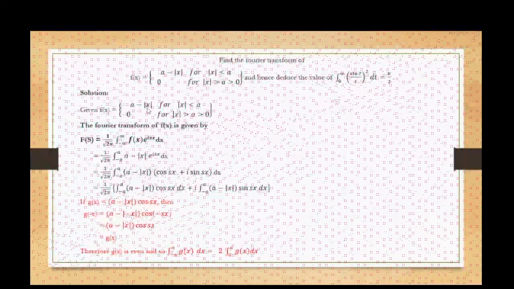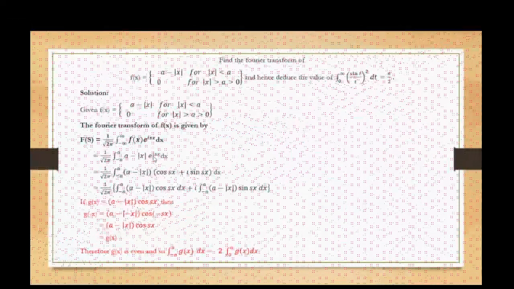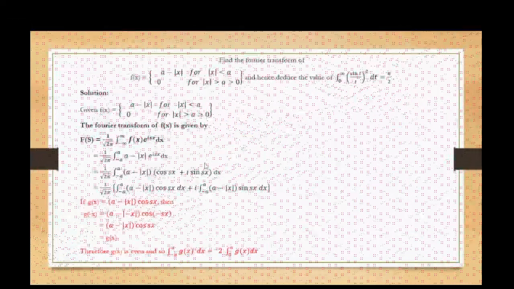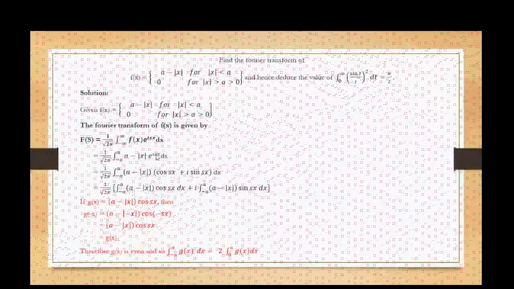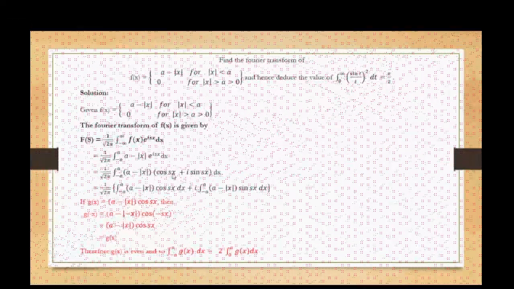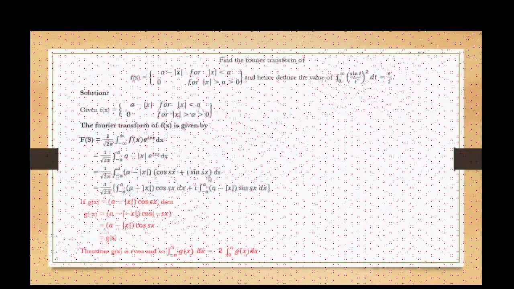See, e power i theta is cos theta plus i sin theta. Here the value of theta is s x, so e power i s x is replaced by cos sx plus i sin sx.